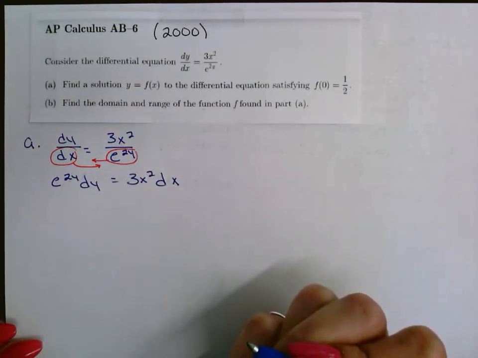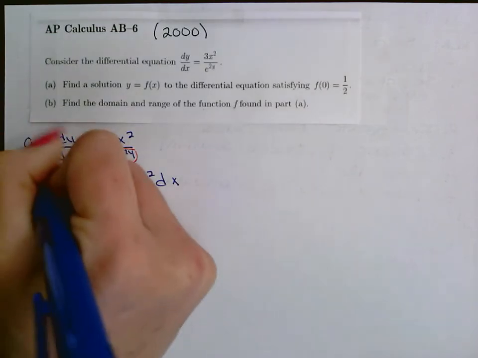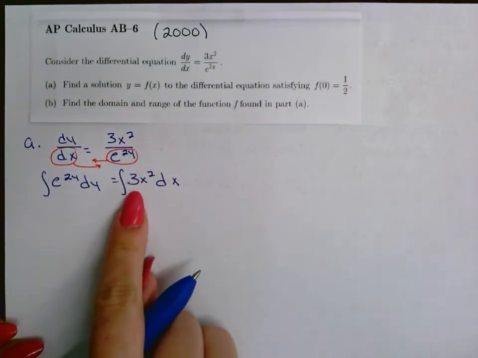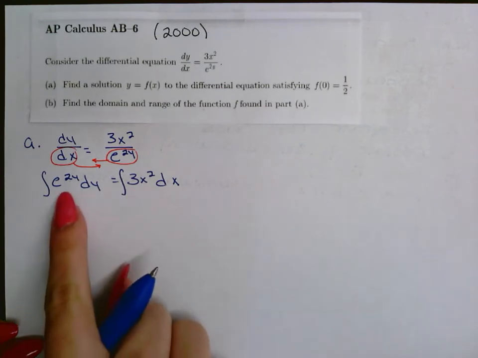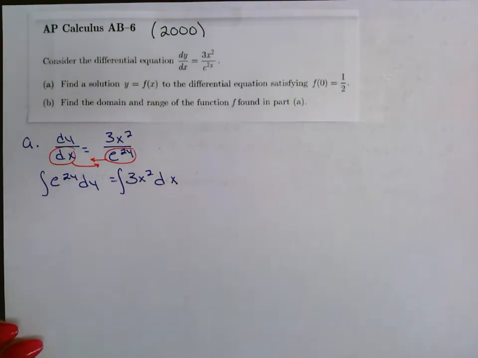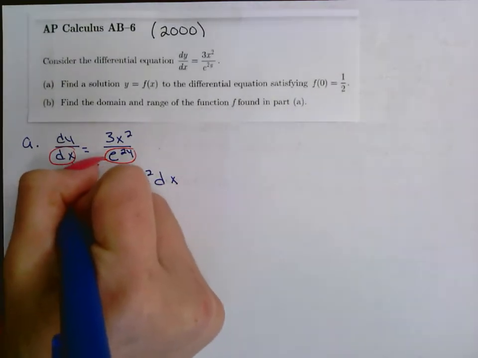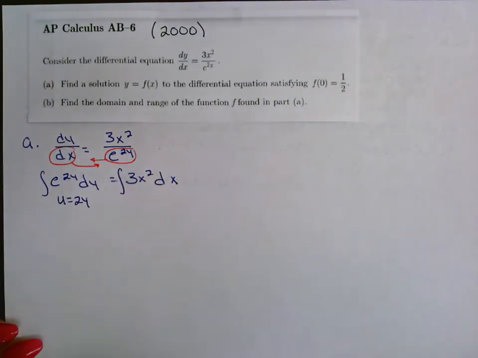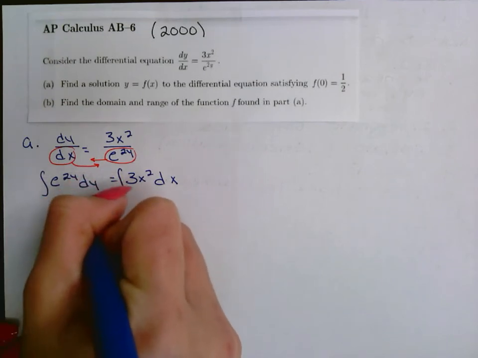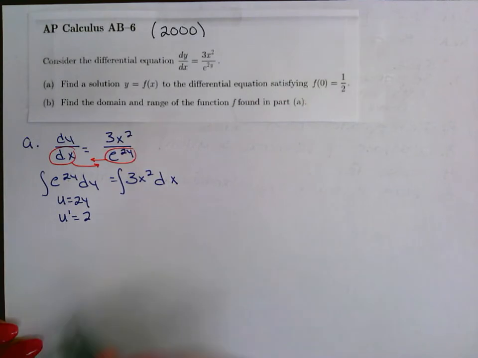Okay. Next, I need to integrate both sides. This right side is a nice, easy reverse power rule, but on this left side, there is something more than just a variable in the exponent, so you need to be careful with your u sub. My u would be 2y, which means my u prime would be 2. You see how I'm missing that?